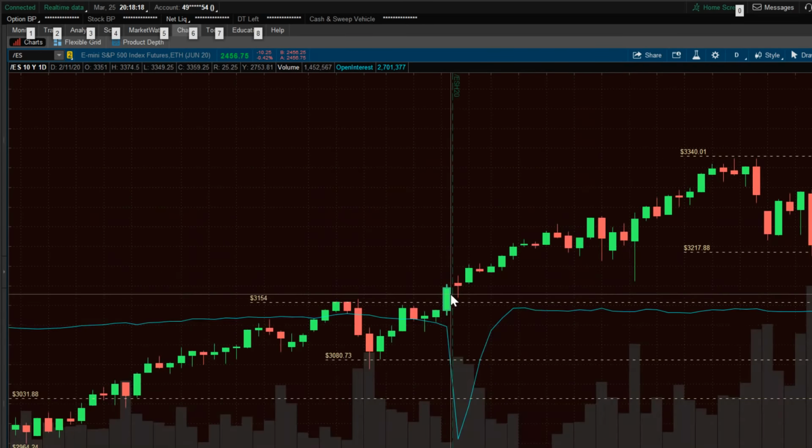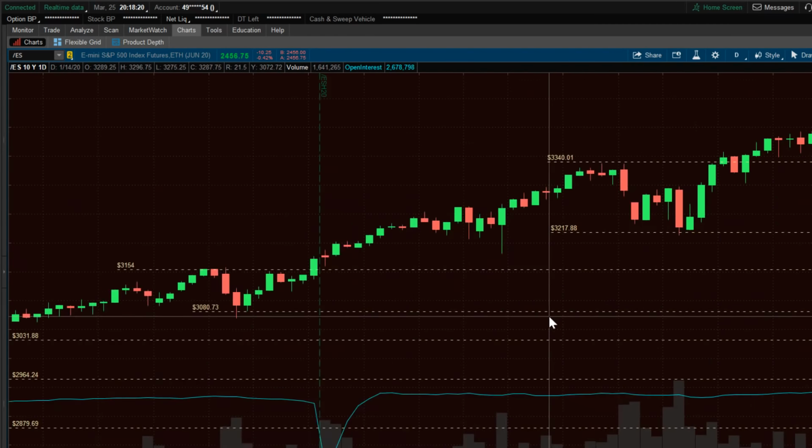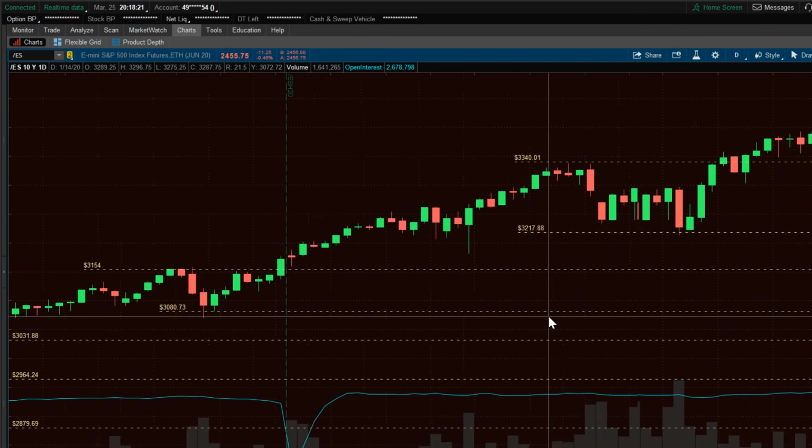And again, what we're looking for are these areas of consolidation, or chop, as we like to call it sometimes. So areas like this here. Areas like this here.